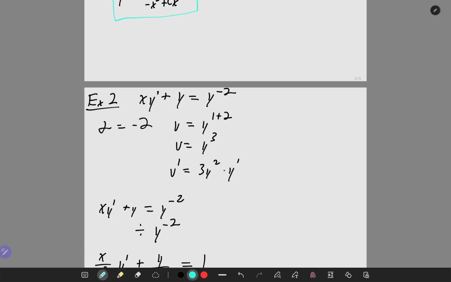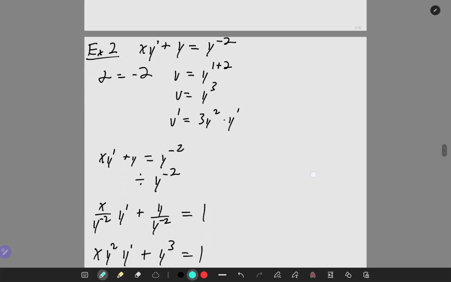And if the exponent is a 1 or 0, then it's not, because we would just have y or 1, right? Because then it would be linear. So in this case, it's not linear. We're turning it into linear by using this v substitution that we have with this alpha.